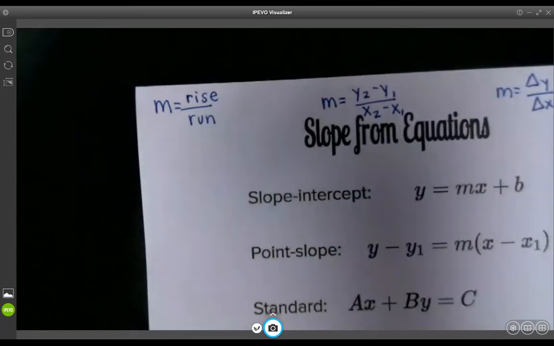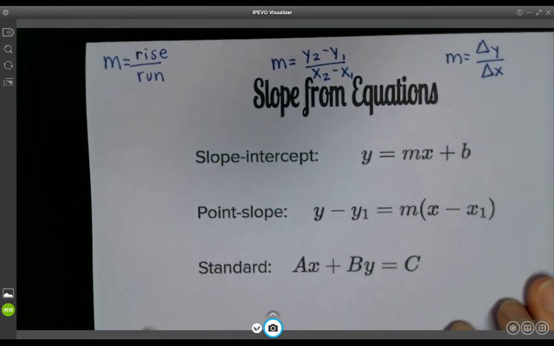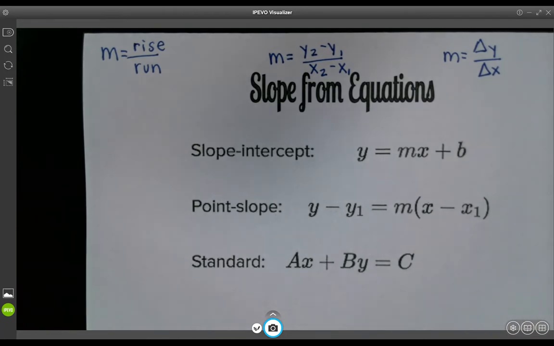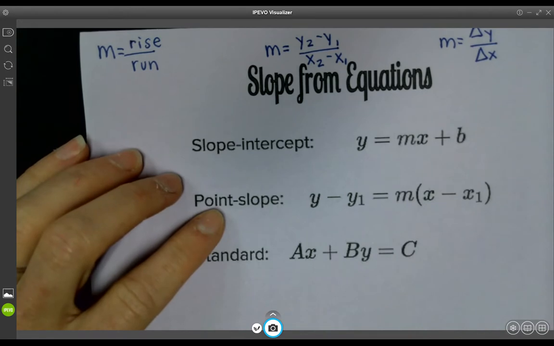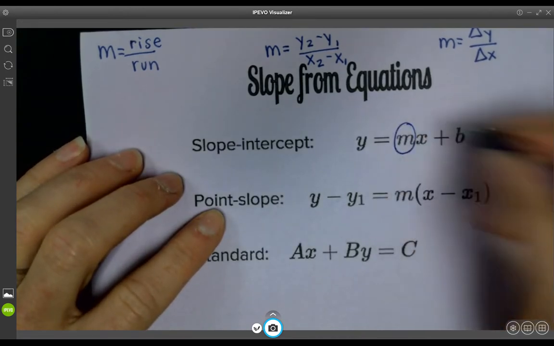The next way is going to be kind of a review from Unit 1 where we solved for y. But now we are going to solve for y and find out what the slope is. So you don't have to write the whole equation. You will, but your final answer will be m equals some number. So if we have it in the slope-intercept form, y equals mx plus b, our slope is just m.